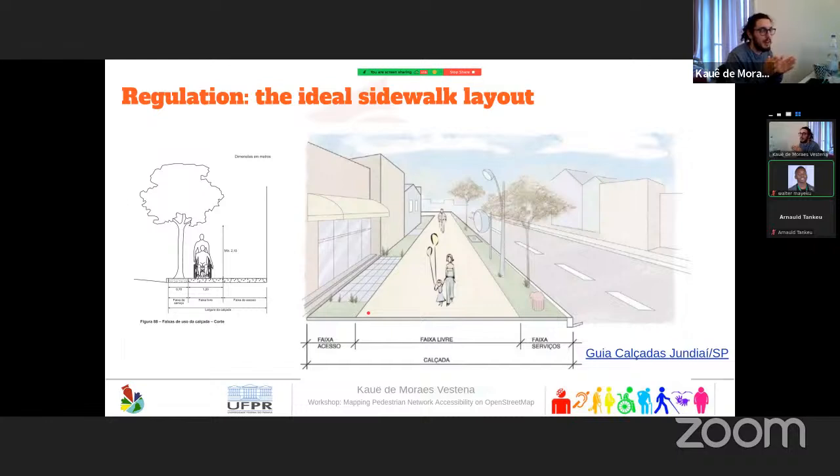You need to have a free lane, like the name is saying, free lane, and all the street furniture must be after. And it's interesting because all this street furniture also acts as a security measure for the pedestrian. So if you have a car that got out of control, it would hit that tree and not a pedestrian.